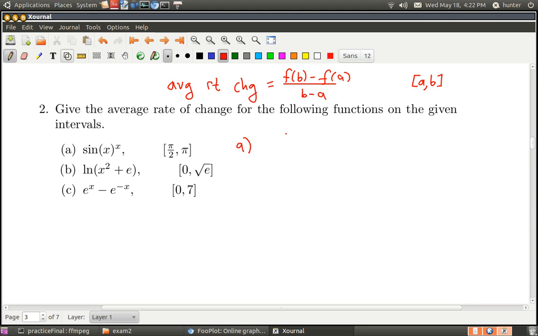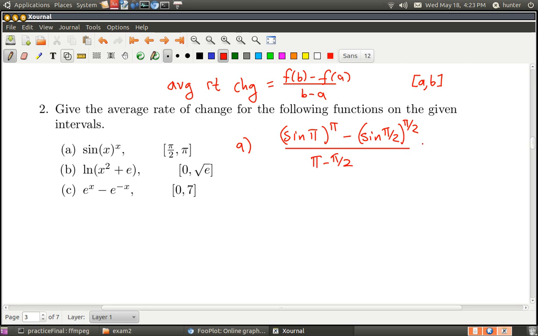So for a here, I've just got sine of pi to the pi minus sine of pi over 2 to the pi over 2. And on the bottom, what do I have? I have pi minus pi over 2.